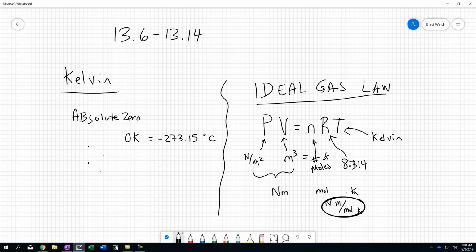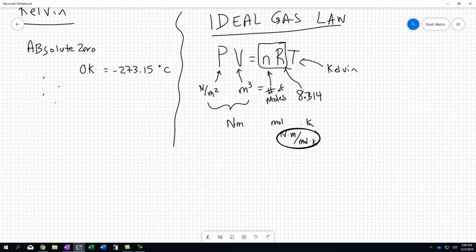Okay, a couple things. When you have a container of gas, maybe a balloon or a flask, and you've closed it off and sealed it, there's no change to the mole value. Think of it like we trap the gas. Well, n won't be able to change if we trap the gas.